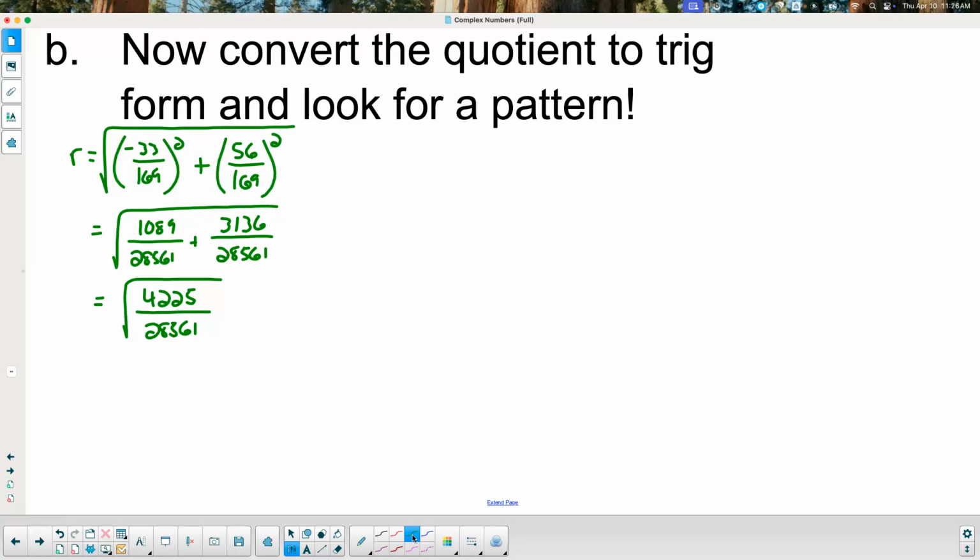Square root of the top was 65, wasn't it? Square root of the bottom is 169.